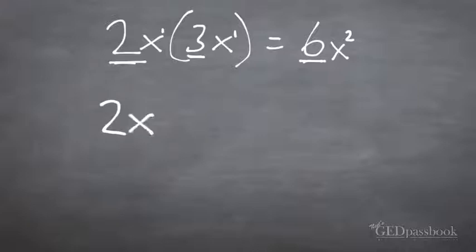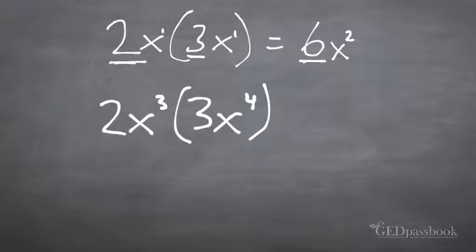Well, actually, let's stick with the same one, just a little different, just so you could get the concept down. 2x cubed times 3x to the power of 4. Tell me, my friends, what is the final answer? 6x to the power of what? 7? To the power of 7? 7. x to the power of 7?